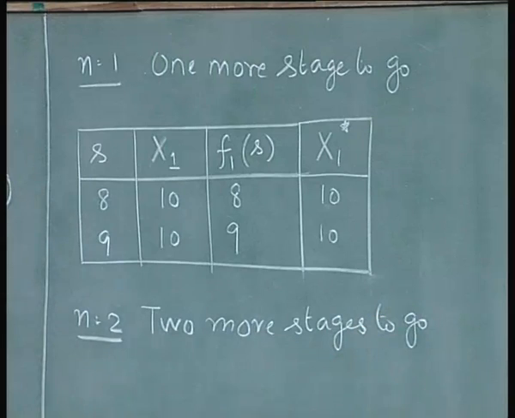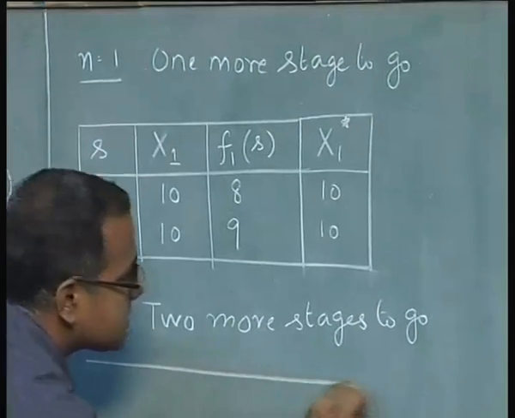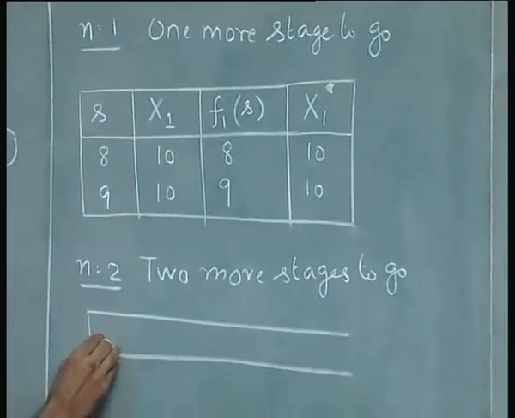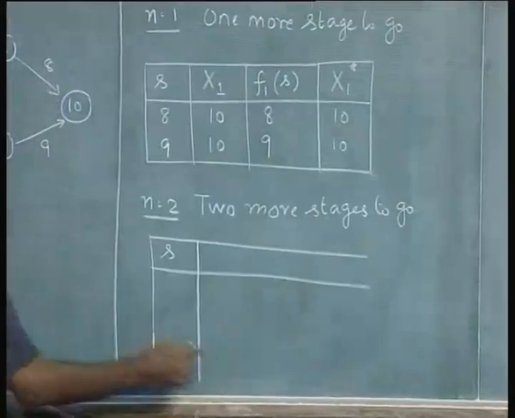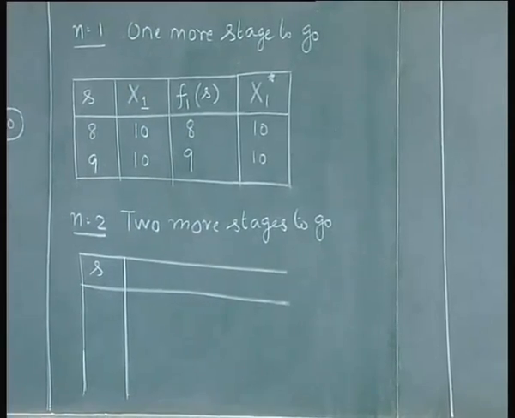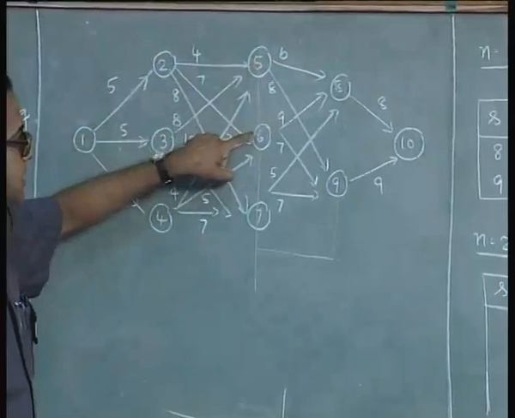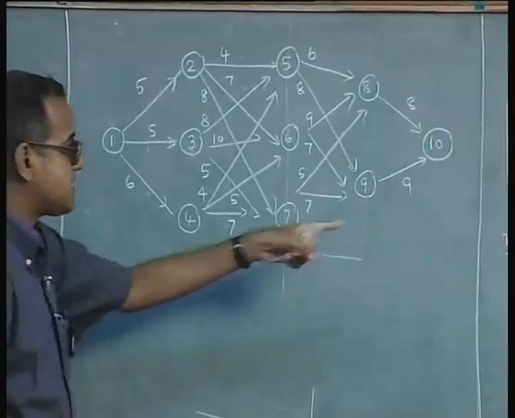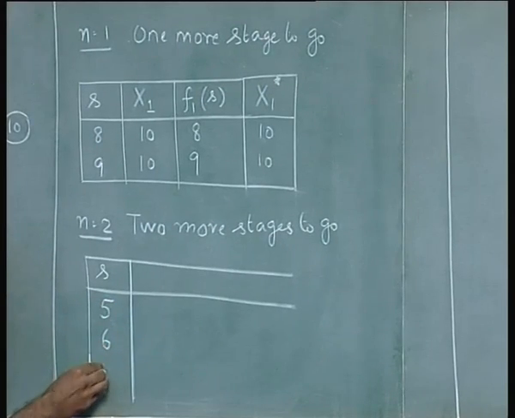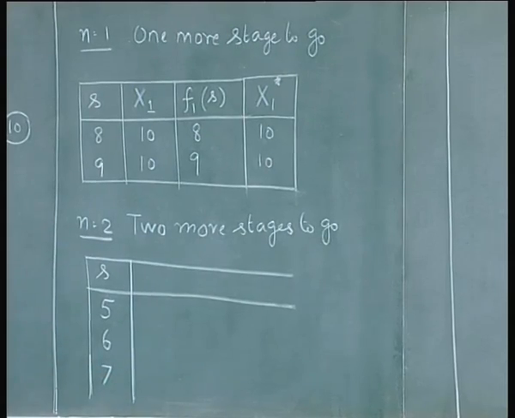When the person is here with 2 more stages to go, the person could be in 5 or 6 or 7. So the state variable S takes 3 values, which is 5 or 6 or 7.